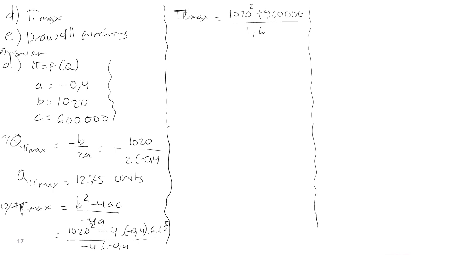So it will give you 1020 squared plus 960,000 over 1.6.